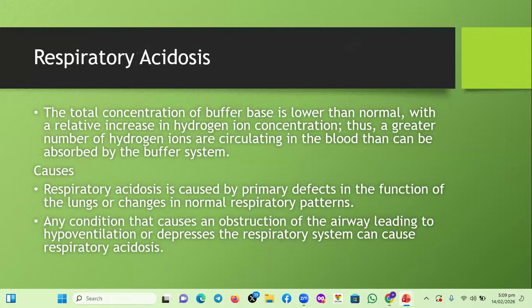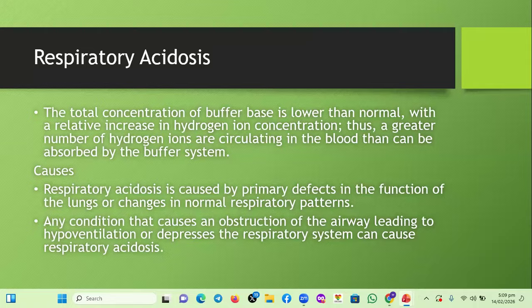Now we are coming to what we actually need for the purpose of our NCLEX. Let's talk about the main issue. We are starting first with respiratory acidosis. Let's get the foundation from here. First, I talked about how the lungs work to regulate acid and base.